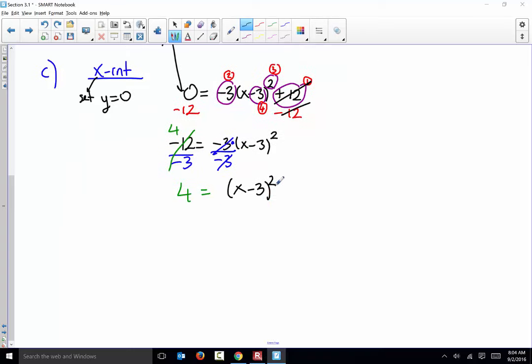Who was the third guy? How do you cancel a square? Do we divide by 2? We take square root. And this is the moment you guys make a lot of mistakes. And I say square root of 4 is 2. Square root and square cancels. And I have x minus 3. Where's the mistake?